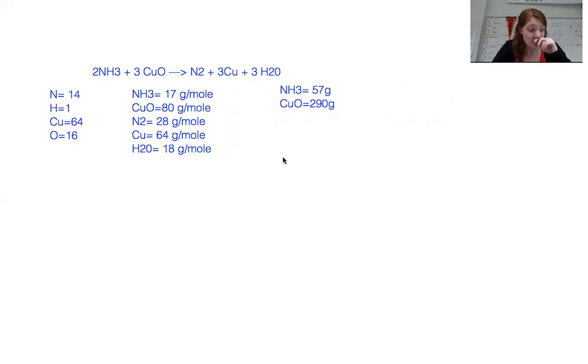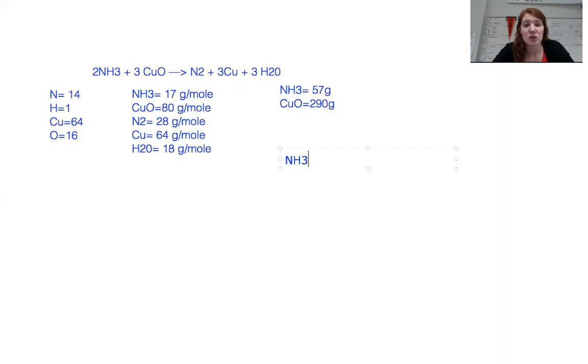So first part is we've got these and we need to find the moles. Find the moles. That's our next step on that step-by-step that I gave you. That step-by-step will be up on the board for the assessment, okay? So next step, find the moles. So let's just go ahead and start with the ammonia.